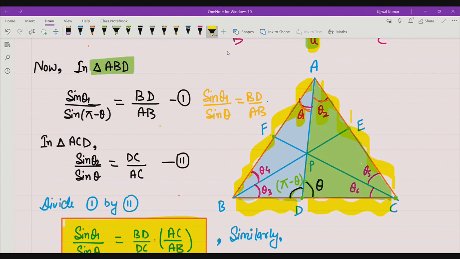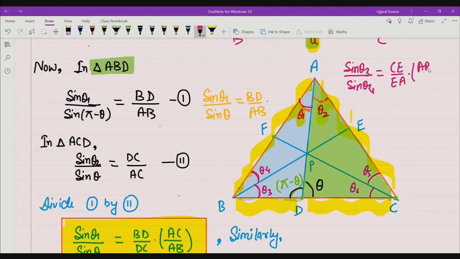Now if I am going to write for theta 3 and theta 4, can you do it before me? You can even pause the video. So we have now sin theta 3 upon sin theta 4. For theta 3 CE and theta 4 AE, which is simple. Also for theta 3 the alternate side is AB, and for theta 4 it is BC.